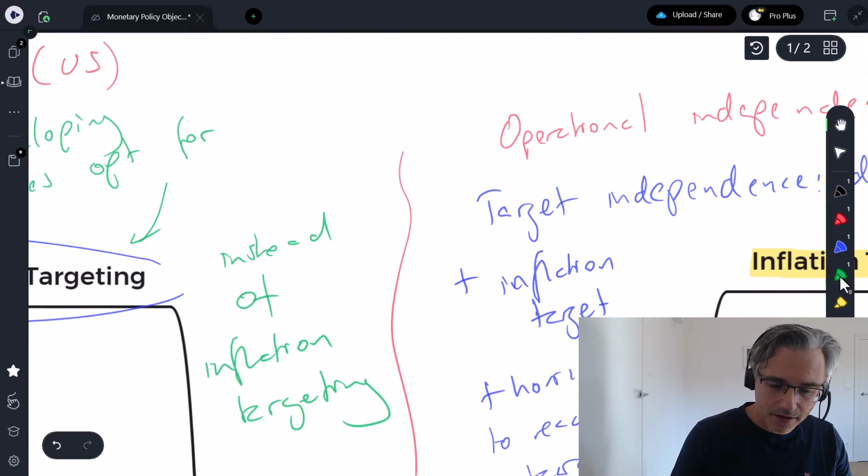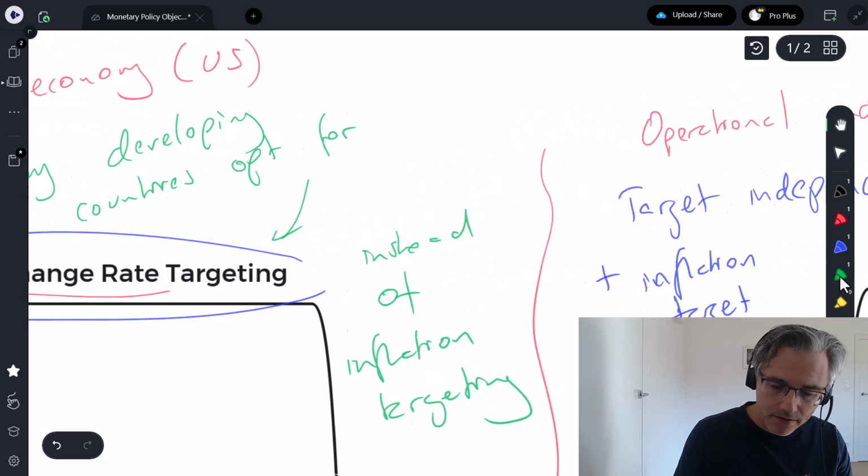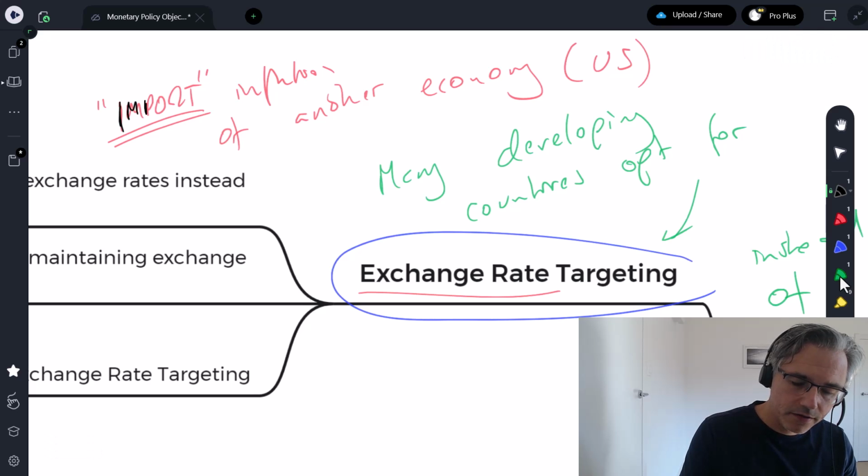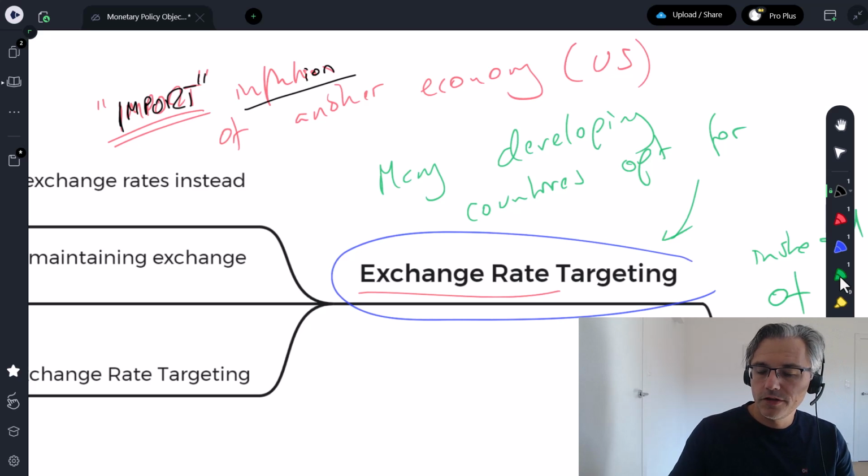And this is basically what I meant when somewhere over here I wrote down that the effect of this is to import the inflation of another economy, most notably the US.